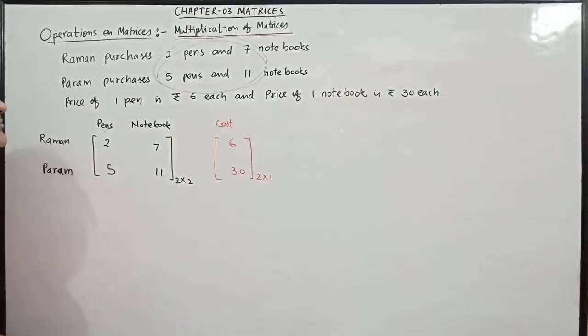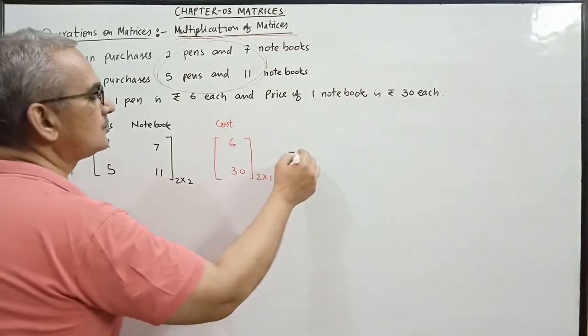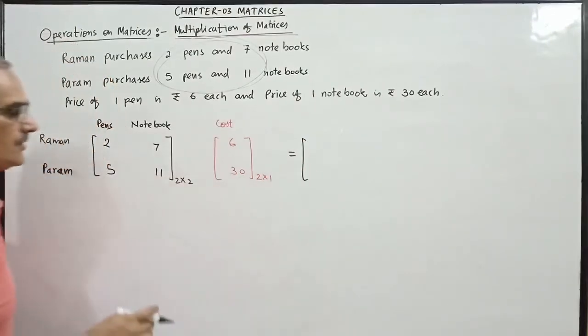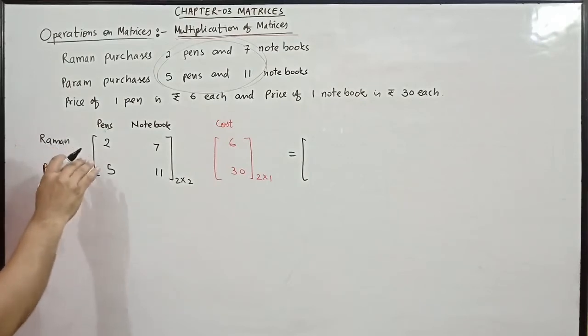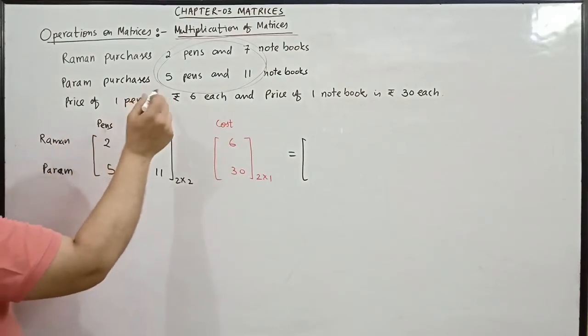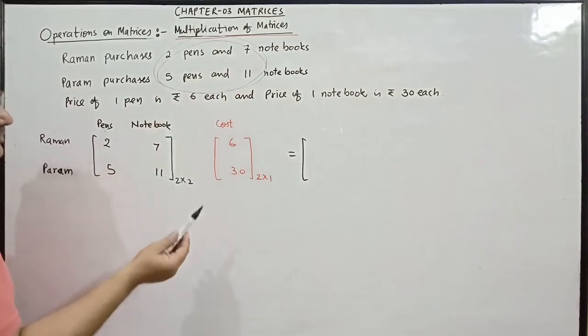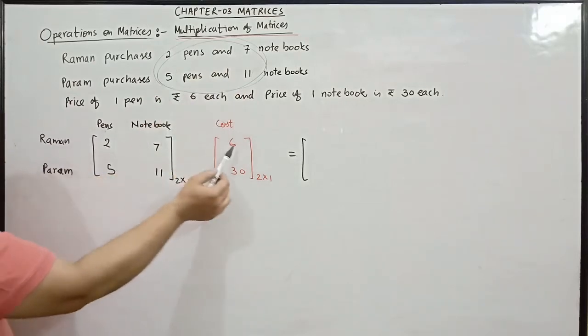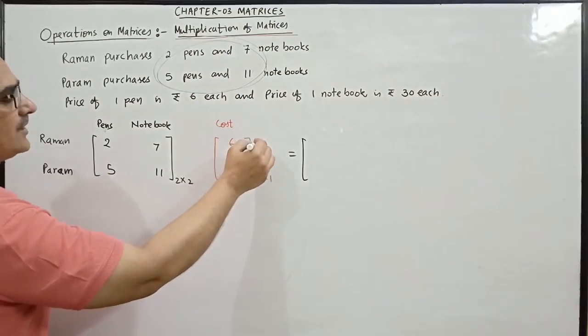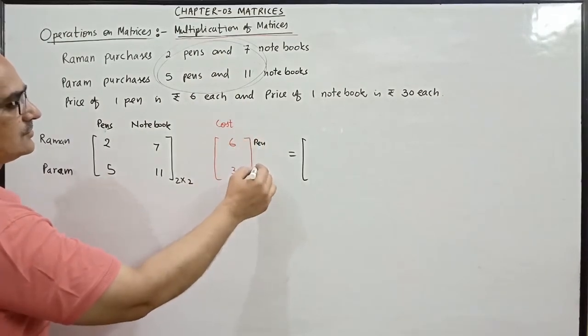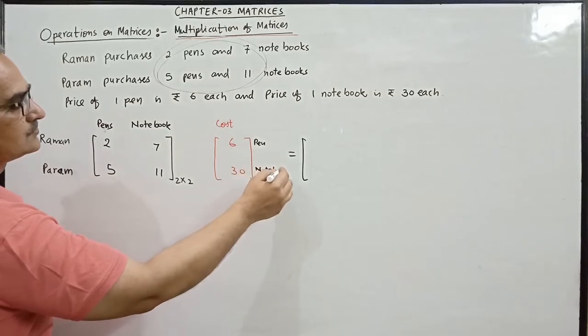Now we want to find out the total cost to Raman, that is, how much money Raman has expended on purchasing 2 pens and 7 notebooks. So the cost of one pen is rupees 6. I am writing here pen, and this is the cost of notebook.